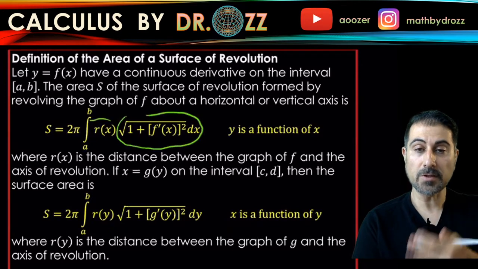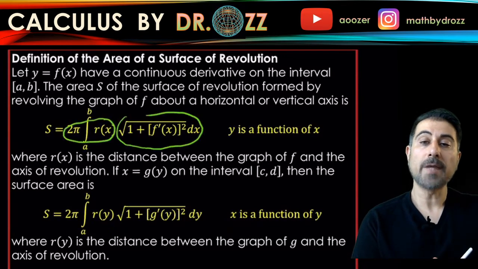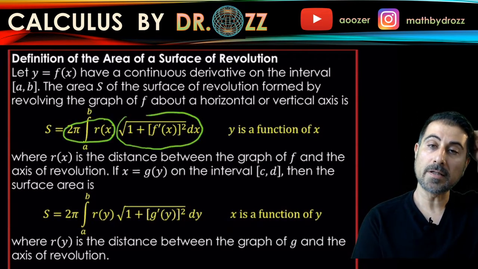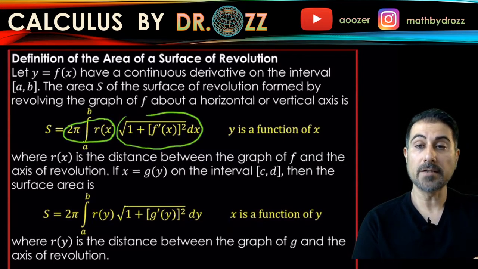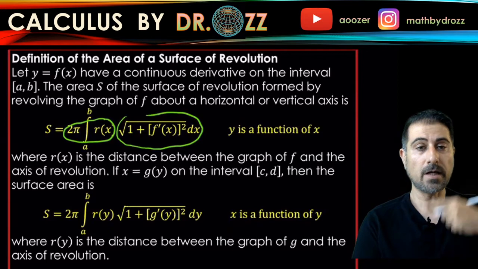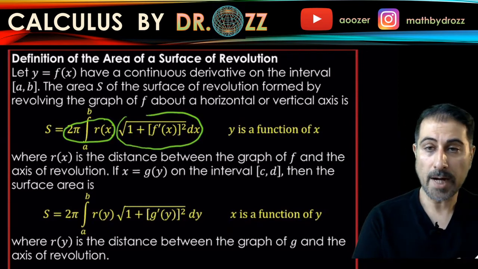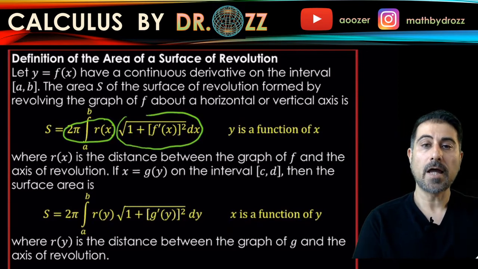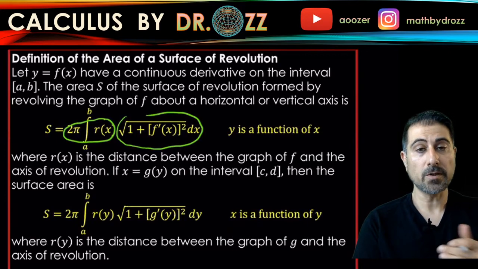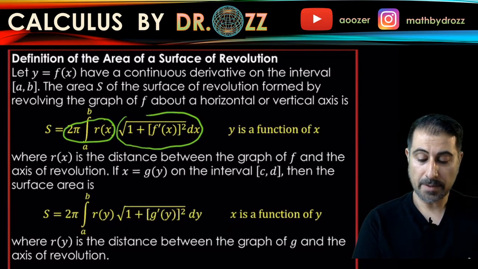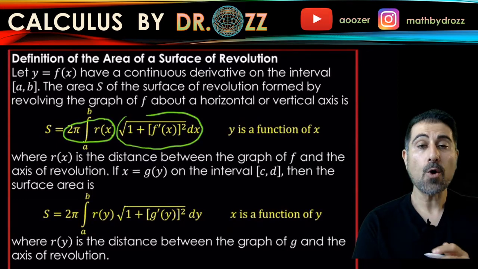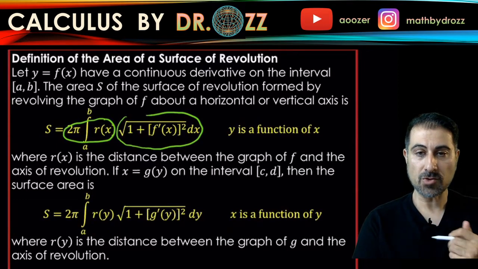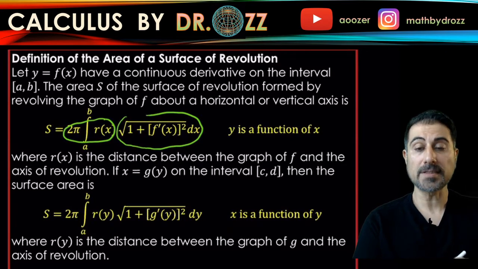Once you integrate from a to b, you get the surface area of the three-dimensional object when you revolve y equals f of x around an axis. It could be vertical or horizontal. Again, what you need to look at is how the function is defined, and based on that, you're going to use either the first formula or the second formula.